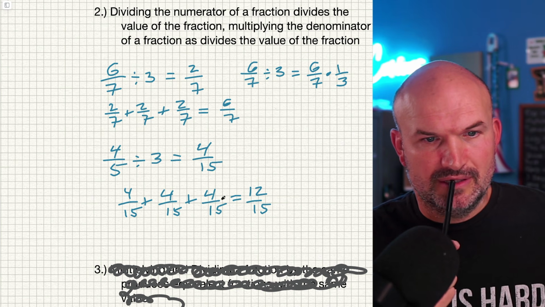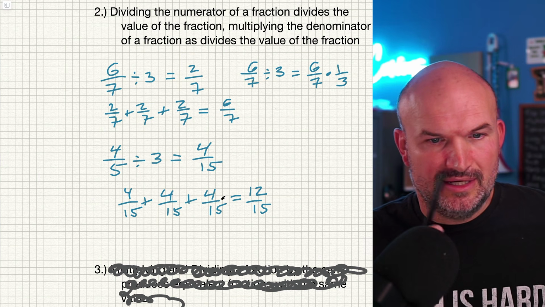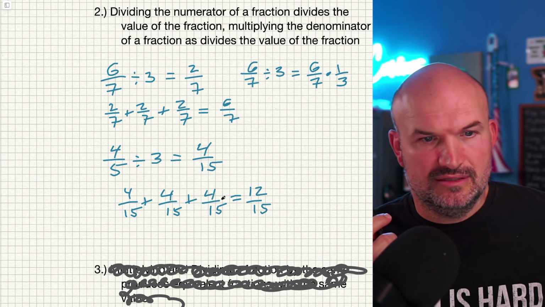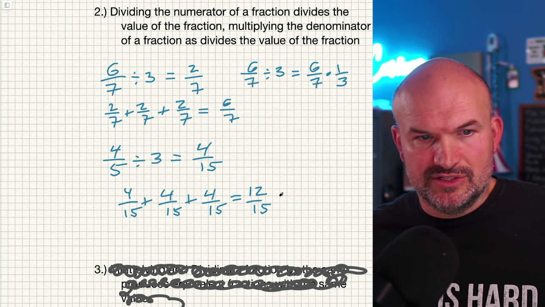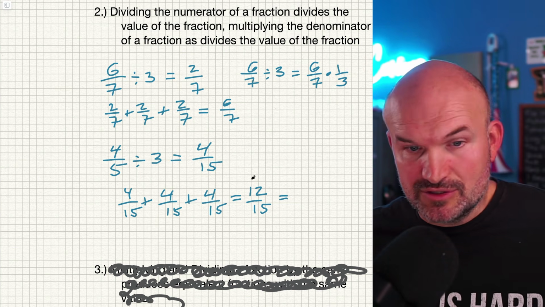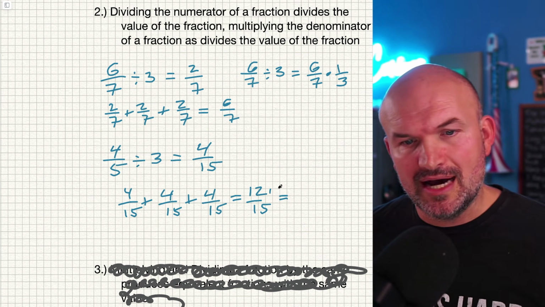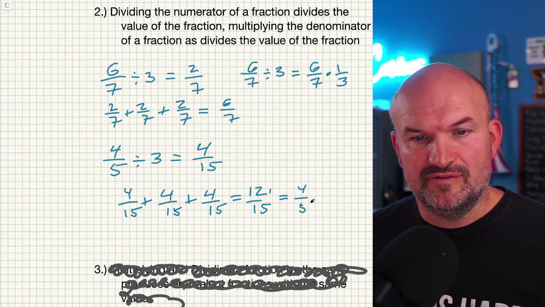I feel like I did something wrong. 4/15, so that's going to give me 12/15. 4, 8, 12. And then I can reduce that. Oh yeah, I need to reduce that to 4/5. Yeah, duh. Okay. Sorry, I had a little brain fart. I can divide the 3 into the top and the denominator, and that's going to give me 4/5. Voila.